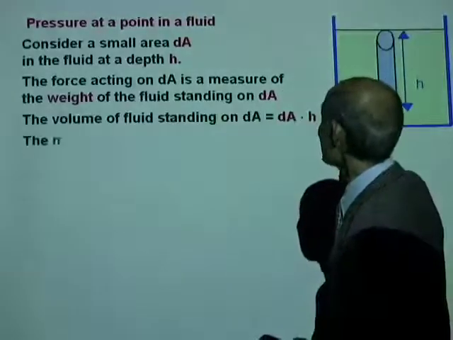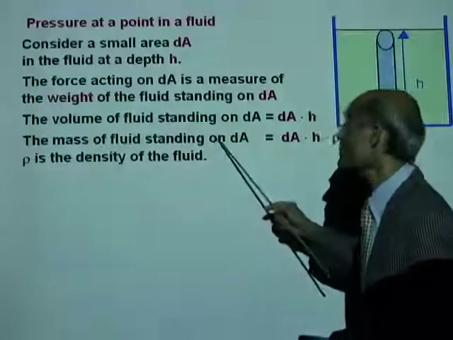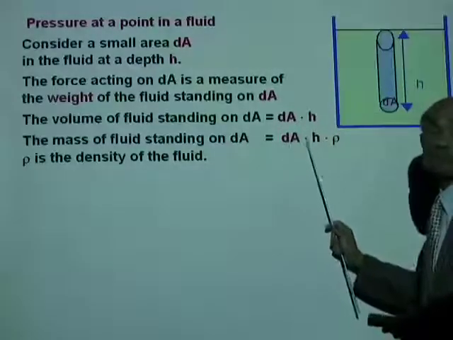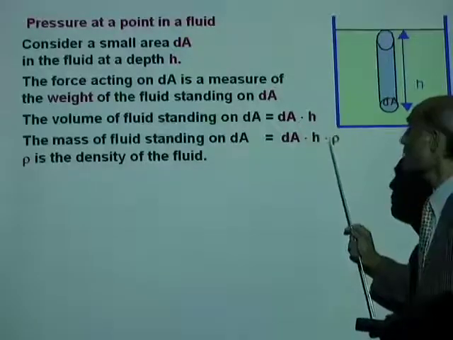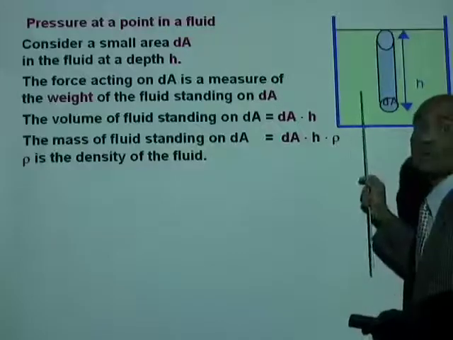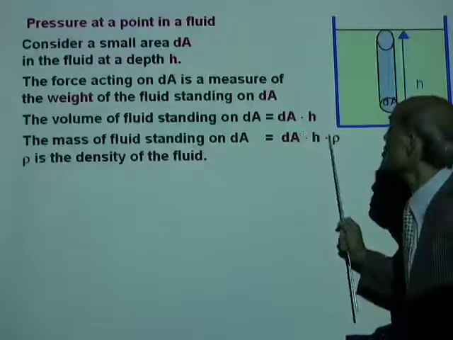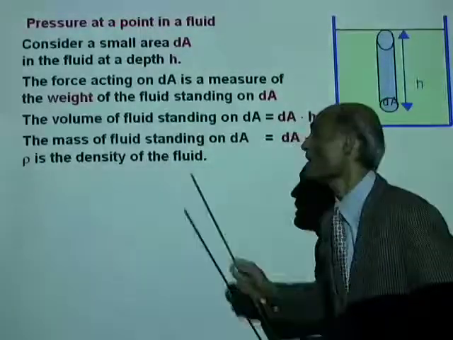So if you know the density of this fluid, the mass of the fluid standing on dA is its volume, dA times h, multiplied by the density of the fluid. Now that will be dA times h times rho. Rho is the density of the fluid.